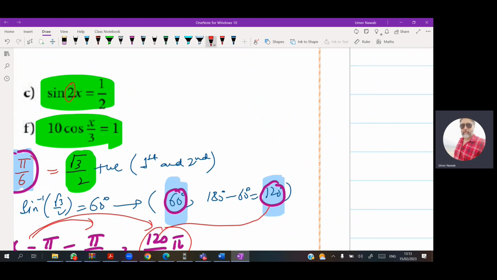So our output is positive. I'm expecting my answer in the first quadrant and the second quadrant. In the first quadrant, my acute angle will be 30 degrees and the second angle will be 150 degrees. So shall I say these are my final answers?